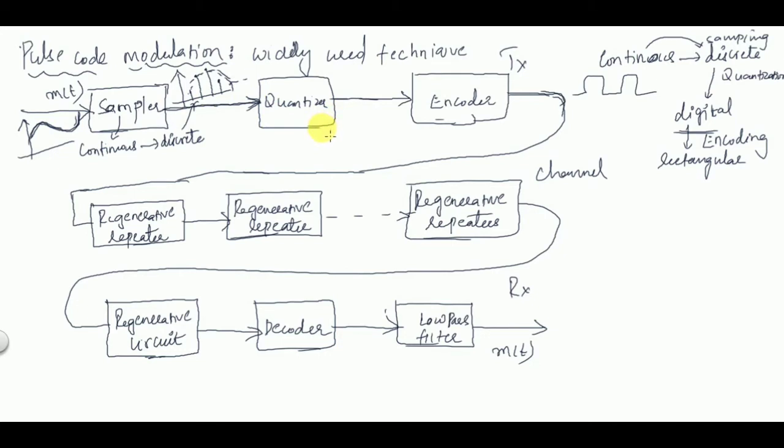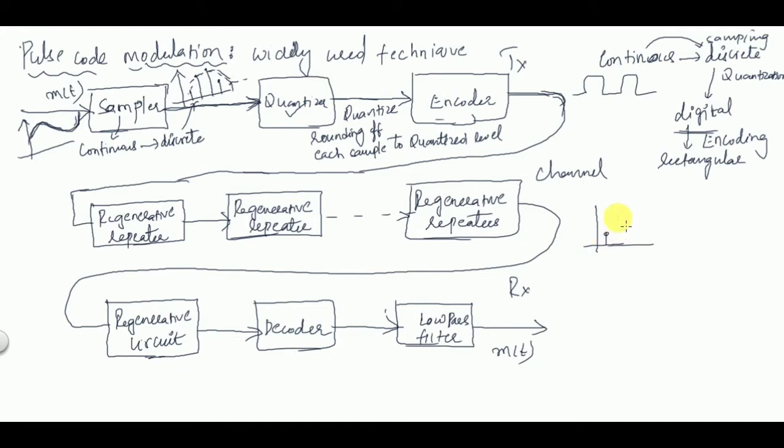So what will the quantizer do? It will quantize, that is, round off each sample to a quantized level. So this is the operation of the quantizer. The output of the sampler may be of this form.